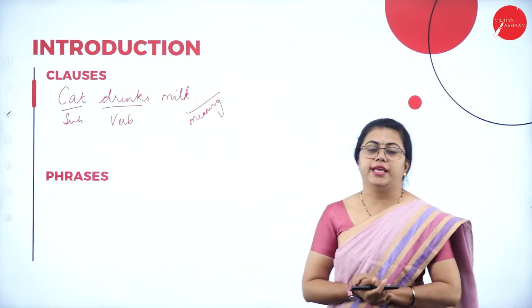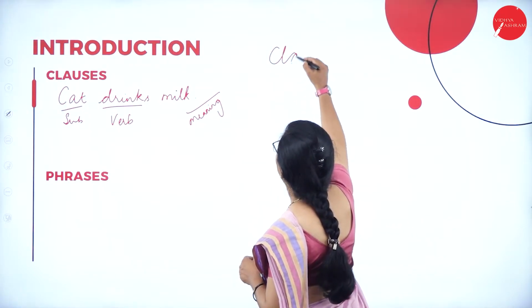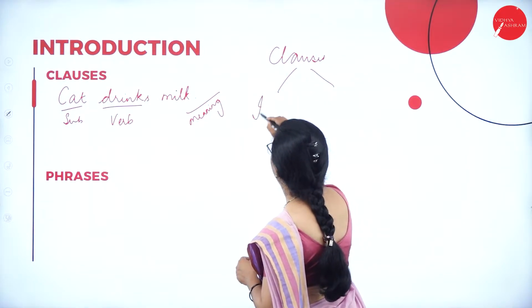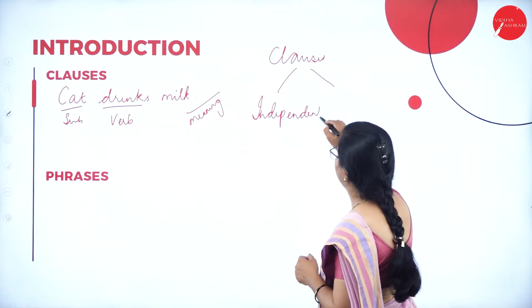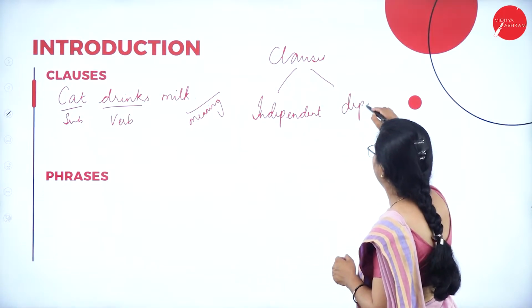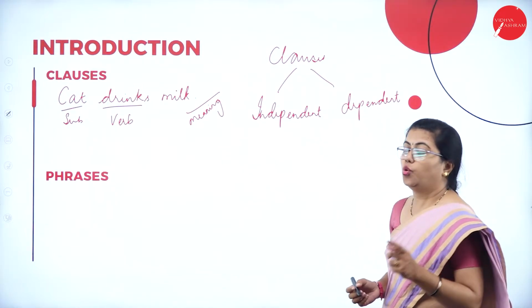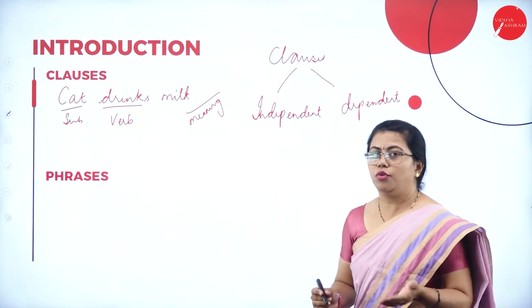There are two different types of clauses for us to understand. Under clauses, we have independent and dependent. Independent and dependent clause. So what is a dependent? What is an independent clause? Whenever you have a clause that gives you complete meaning, you know what is a clause now?